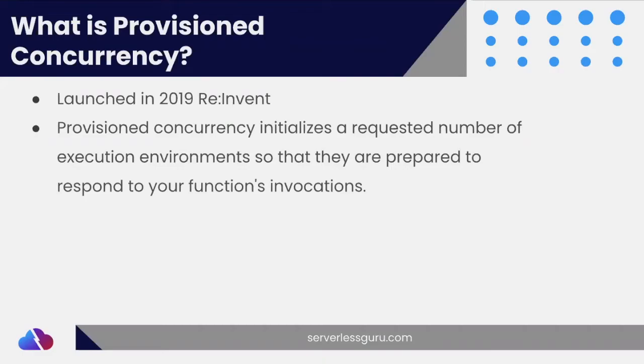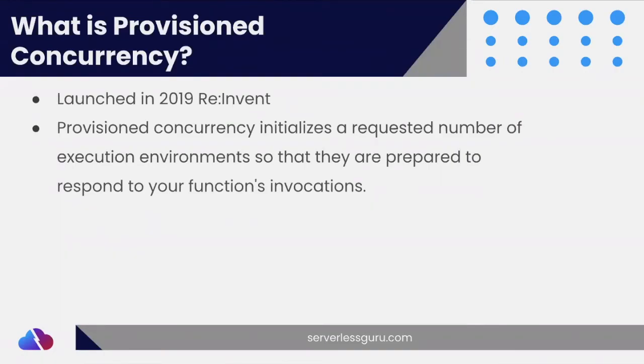If you have 10,000 provisioned concurrency enabled and you make 10,000 requests in a second, all will be served without any issue or throttling. So that is provisioned concurrency.